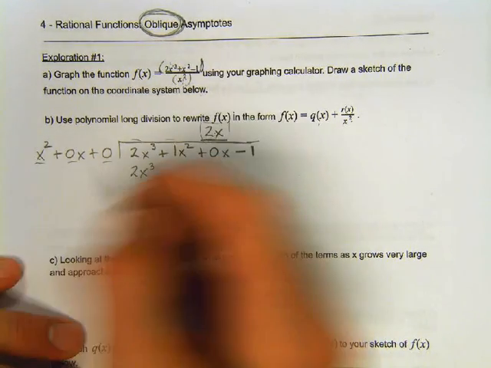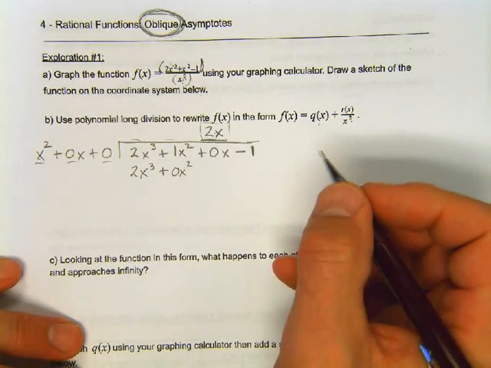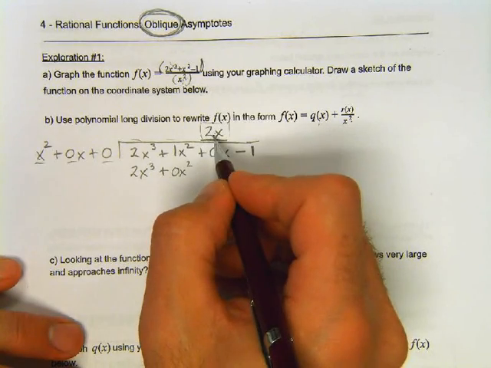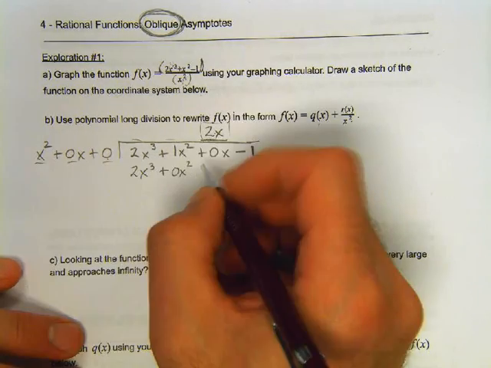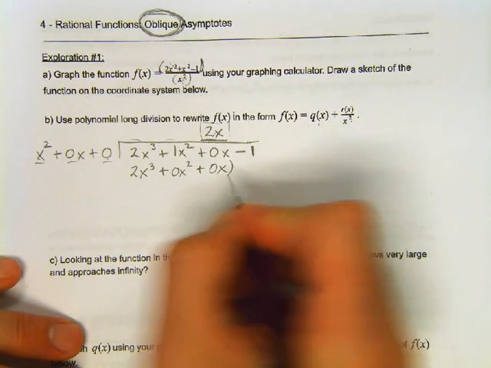2x times 0x is 0x squared. And 2x times 0 is 0x.